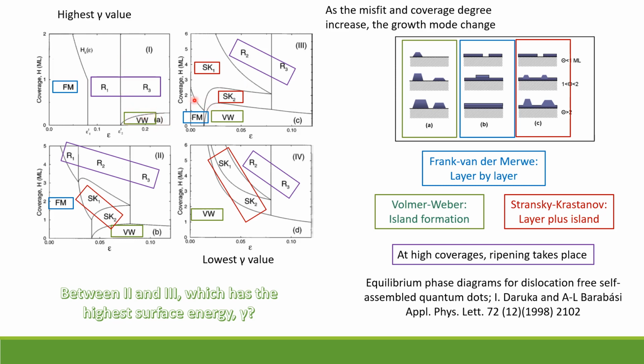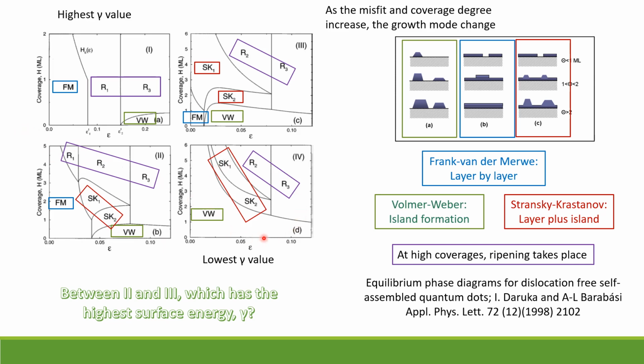In this case, I have Frank van der Merwe, Vollmer-Weber, Stransky-Krastanov, another type of Stransky-Krastanov, another configuration of island, and finally ripening for high coverage degrees. And here I have the same Frank van der Merwe, Stransky-Krastanov in these two different processes, Vollmer-Weber, and then ripening at high coverages.